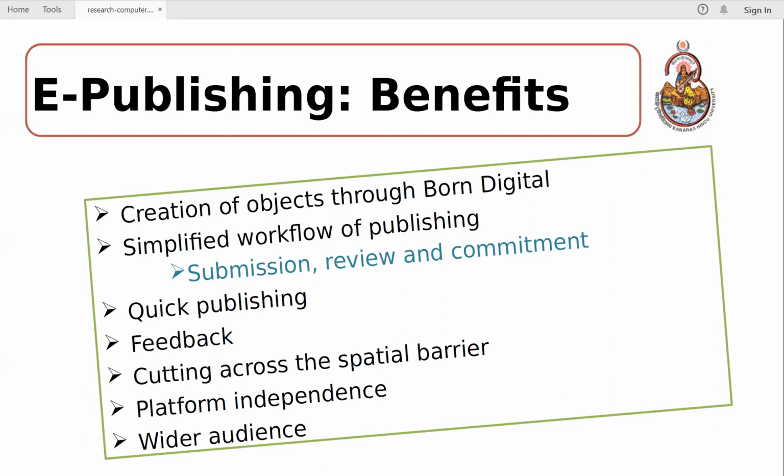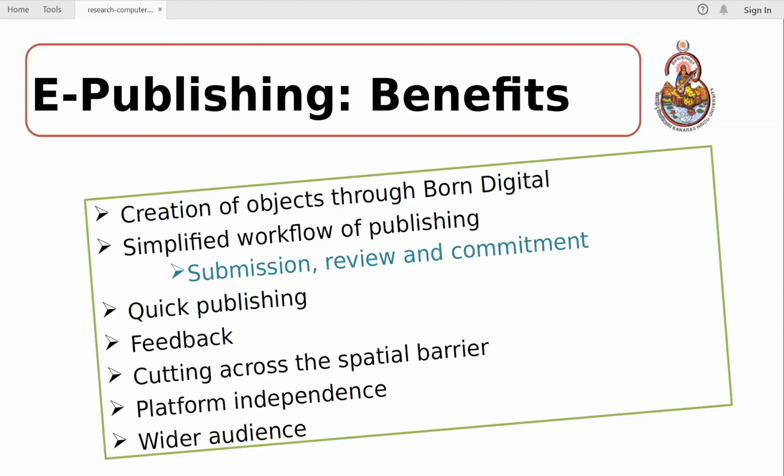Publishing is very quick. Feedback can be immediately gathered. There is no spatial barrier, geographical barrier. You publish and it is immediately available on the other side of the world. And most important, it is platform independent. So if I'm publishing anything using a browser, I can view it across the globe. And a browser is there in almost all the electronic devices. Even in your mobile phone, browser is there.